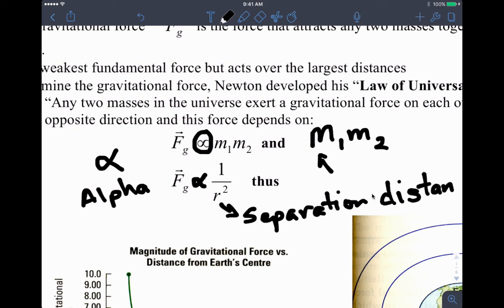I know a lot of times it actually is a radius, but be careful in your mind that you don't always assume it's just the radius of a planet or something, because it's really from the center of one mass to the center of the other. And we'll emphasize that as we move forward.